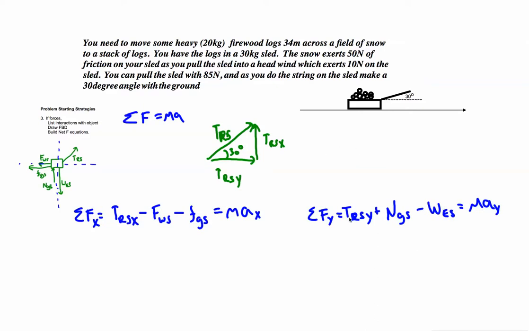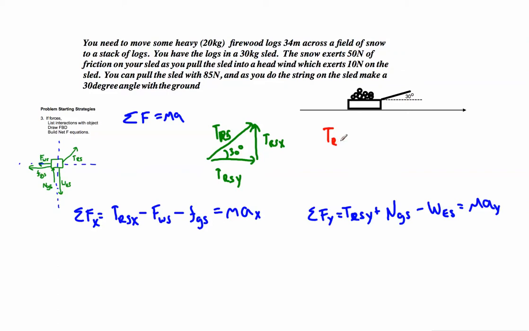Okay, so the first thing we want to do if we want to make use of these equations is to break down the rope on sled vector into its vertical and its horizontal components. And I know you know how to do that, so you can do that and then double check your work here.